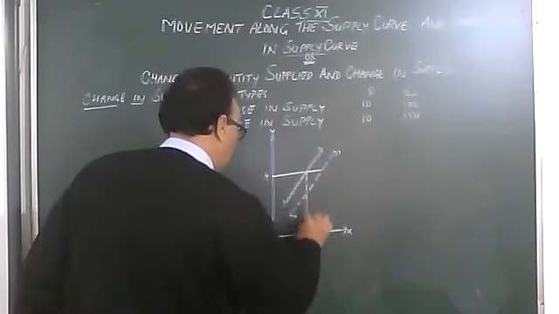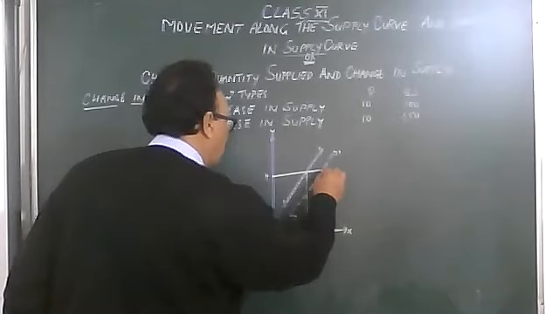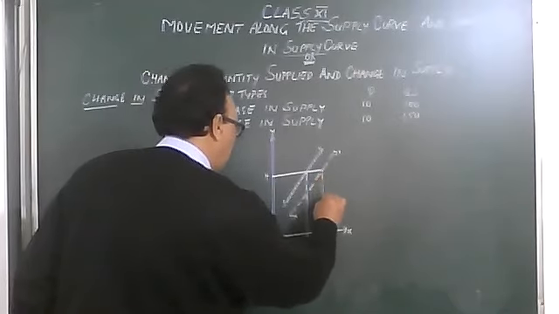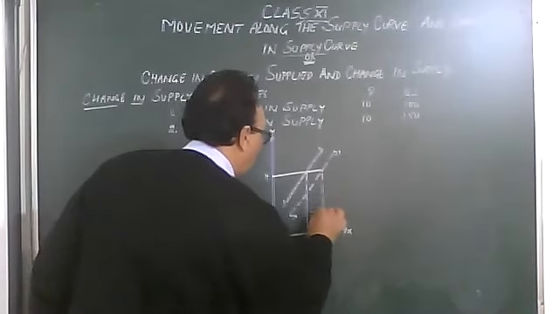The first quantity supplied was OQ, and when the price is the same, you go to OQ1.